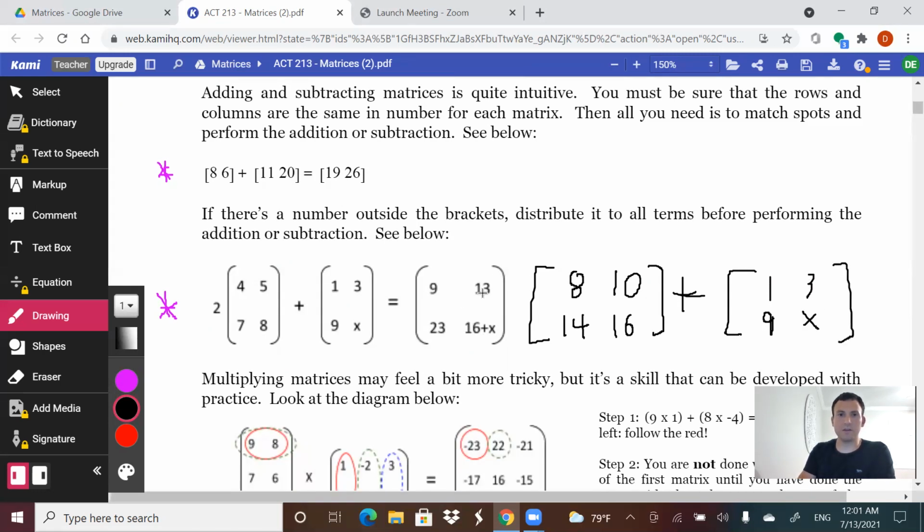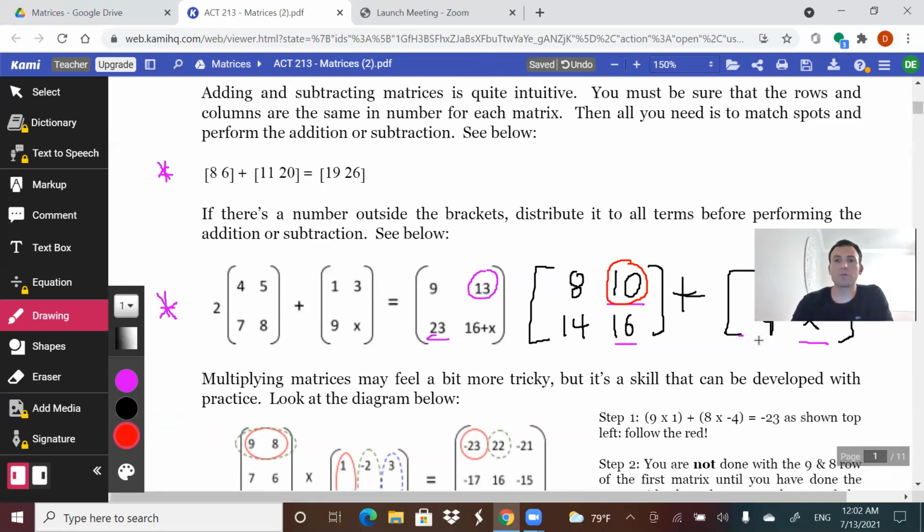And if you look at the answers, 8 plus 1 is 9. 10 plus 3 gets you 13 right here. 14 plus 9 gets you 23 right there. And 16 plus x in the bottom right corner. So each number still matches up with its equivalent in the matrix next to it. Okay, so that all makes sense so far.